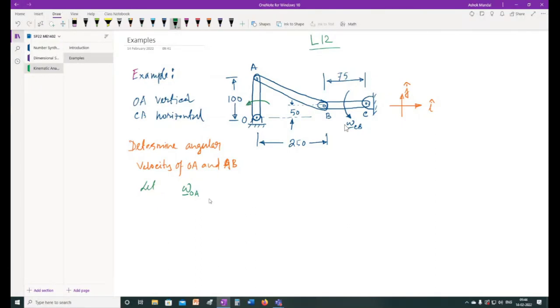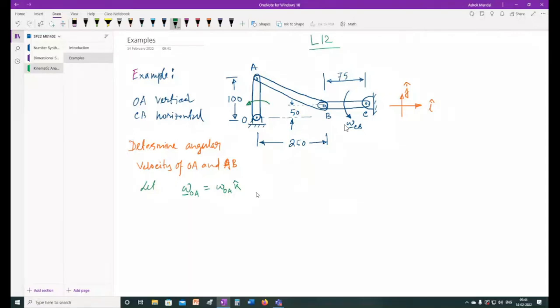Suppose it is rotating in this direction, then omega equals the magnitude of omega OA in the k direction, as we have defined i and j, so k is perpendicular to that. Any vector can be represented by its magnitude and its direction.